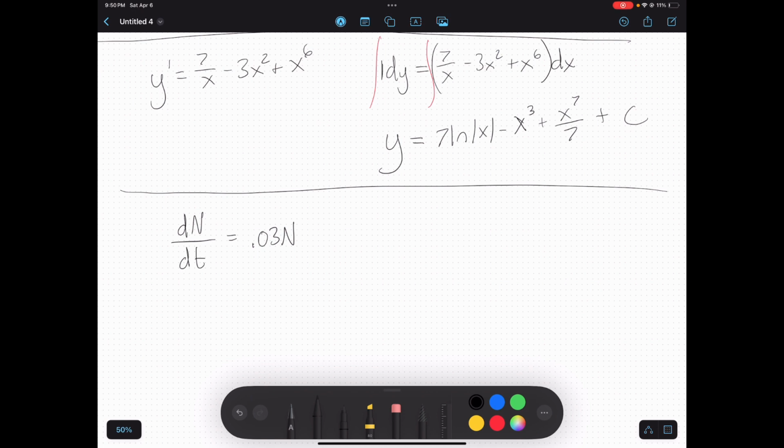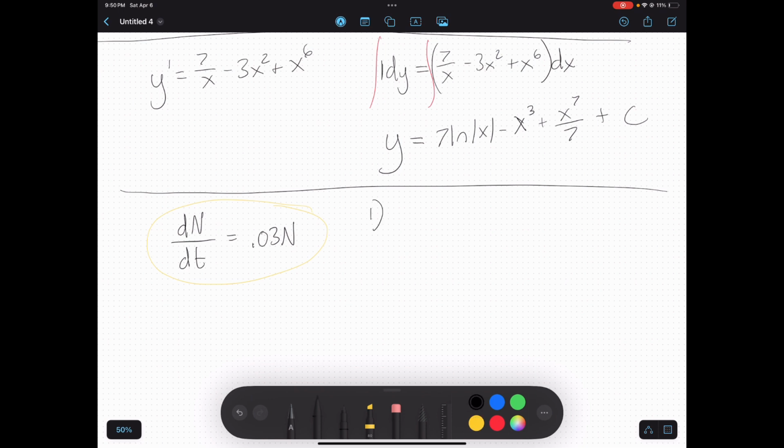And we wrote that mathematically like this, right? dn over dt represents the growth rate because it's the derivative, and it's equal to a constant multiple of whatever the output value is, n. Well, guess what? This is a differential equation. And I can solve it using the separation of variables process.